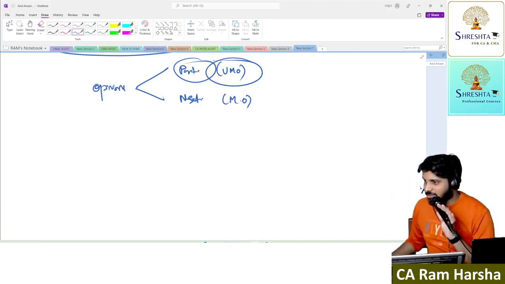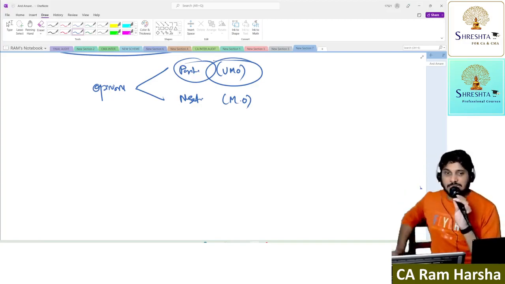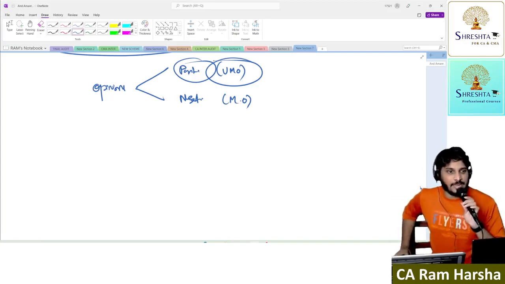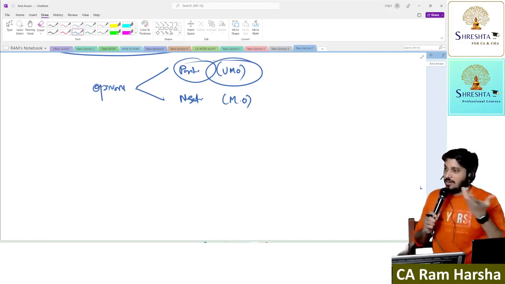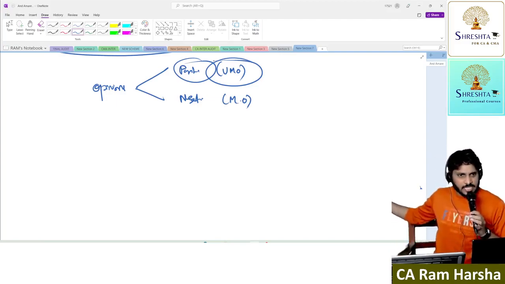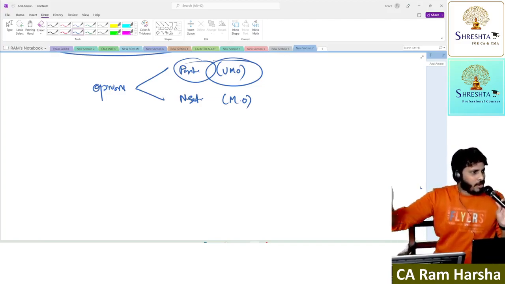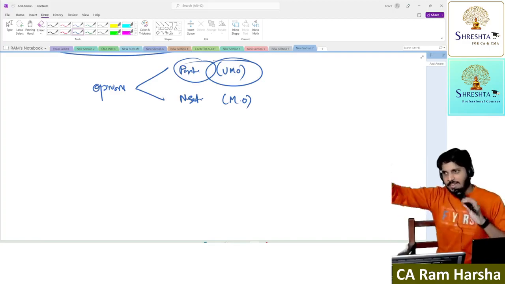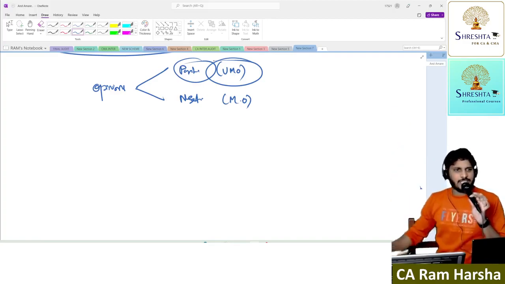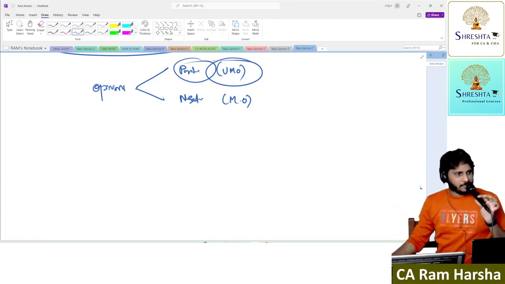What does it mean? The balance sheet and P&L are showing correct numbers and correct information. So which opinion will I give? Unmodified. They don't require any modification. That's why I'm giving the unmodified opinion. I will also not modify my opinion. I have a positive opinion, and I'll give the same. I will not modify because they don't require any modification.